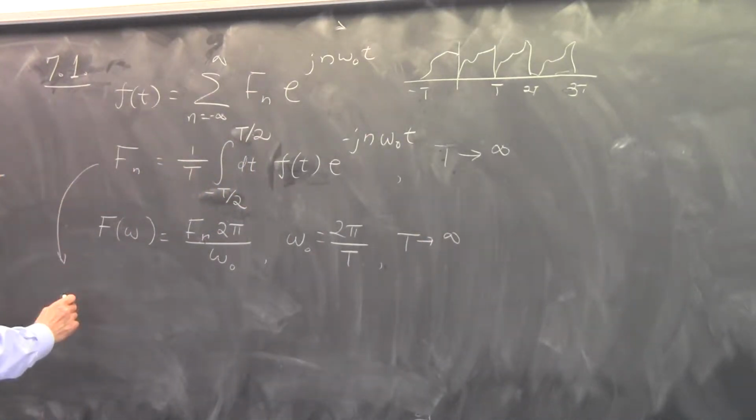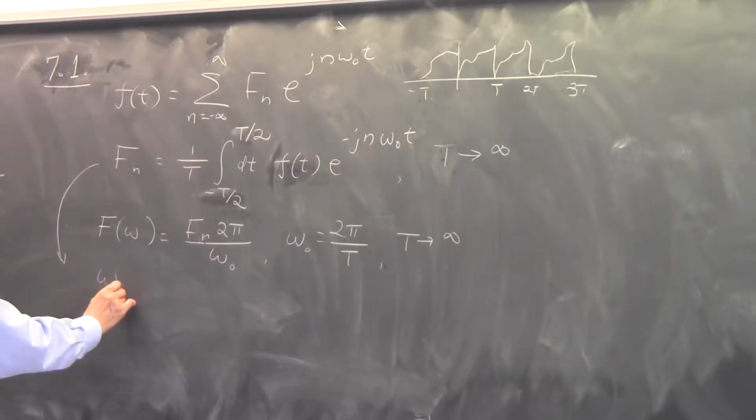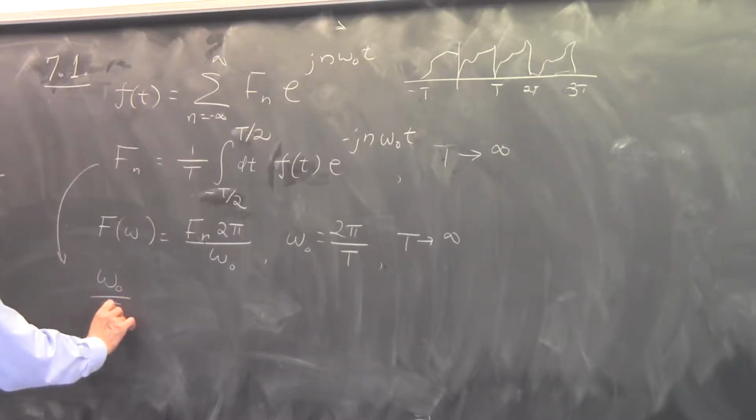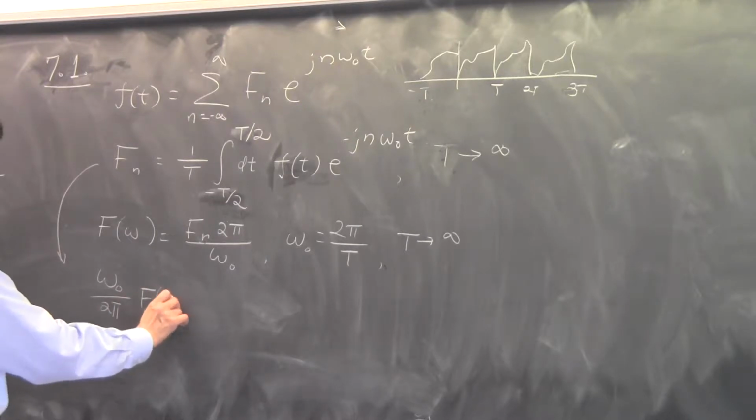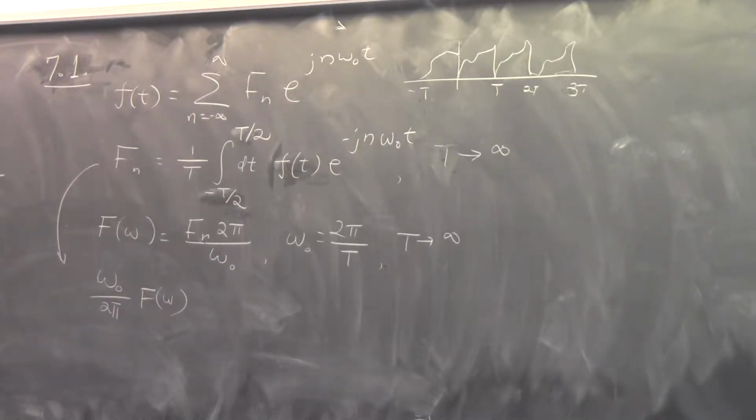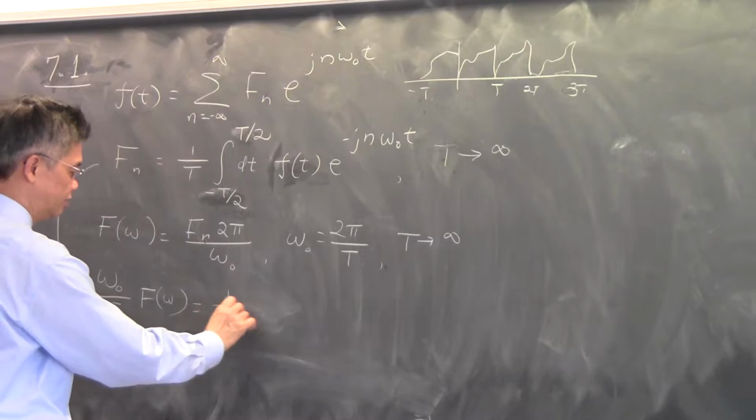What you get here is that this can be written as omega naught over 2 pi F of omega on the left hand side, and then you have 1 over T.